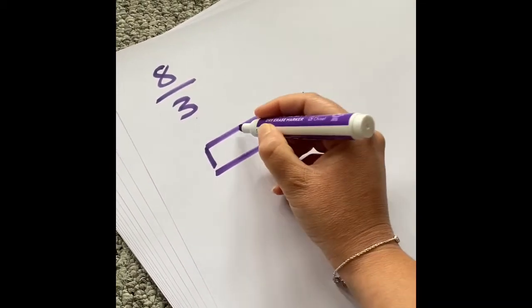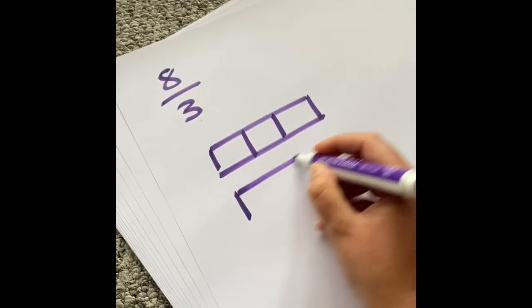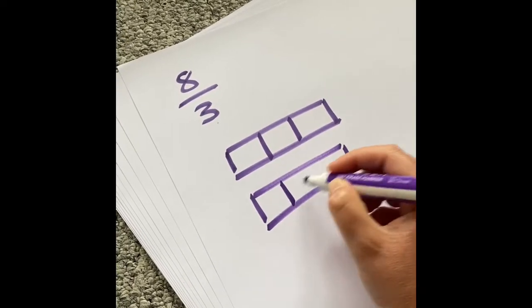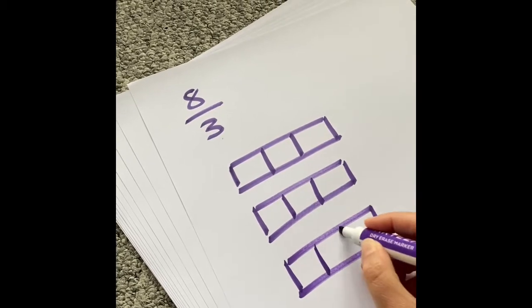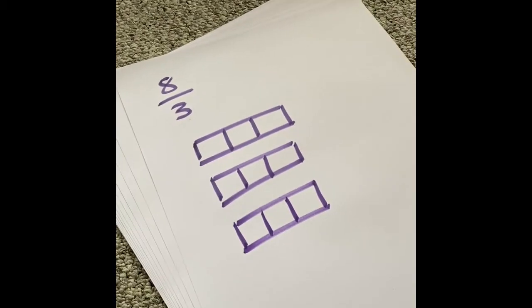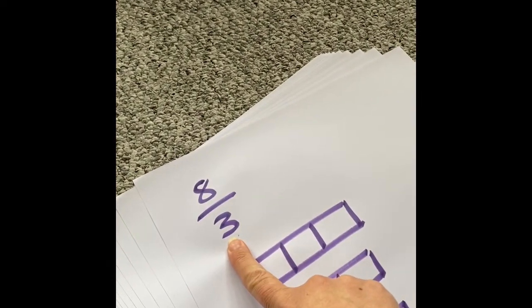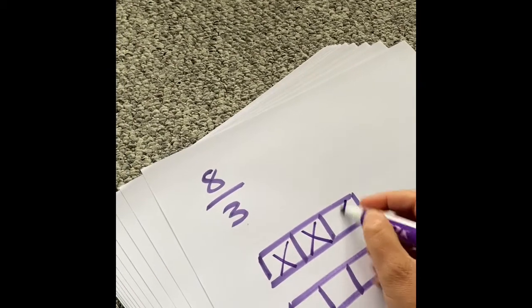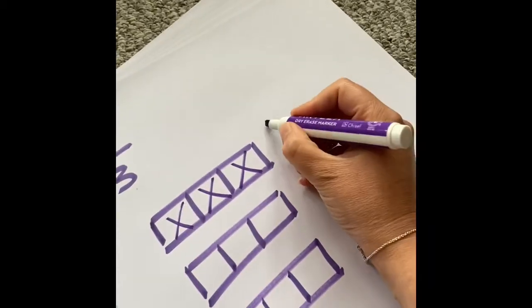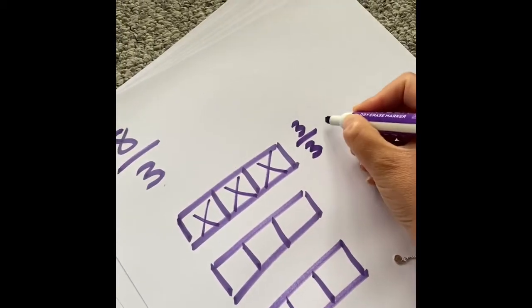I'm going to move that away for a moment and think about 8 thirds. What I could do is go back to our prior learning and think about my wholes. I have a whole that has been divided into 3 equal parts. I need to shade 8 of them in. 1, 2, 3. So I've already made a whole here.